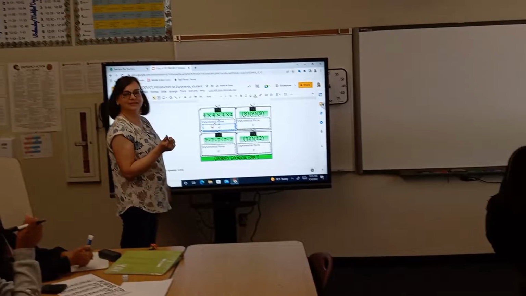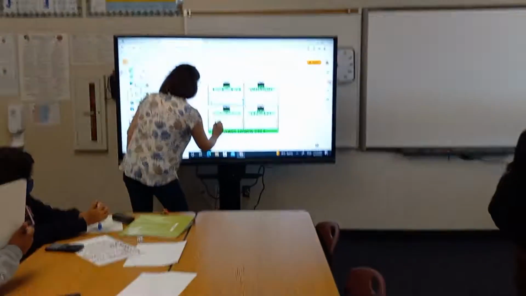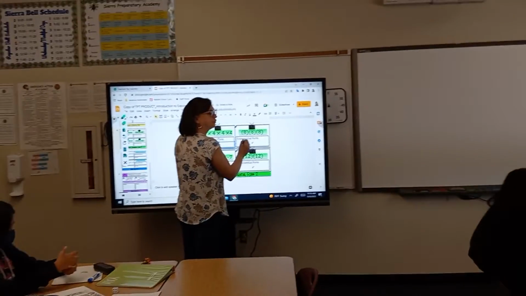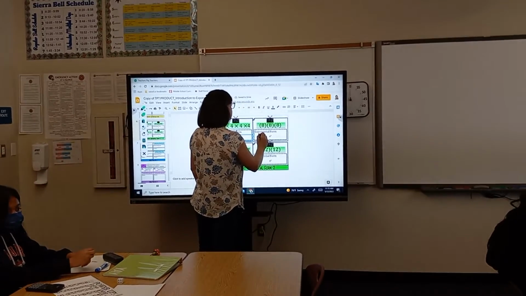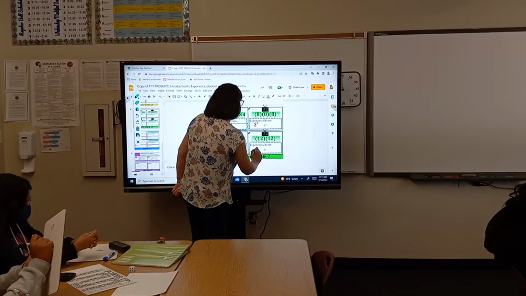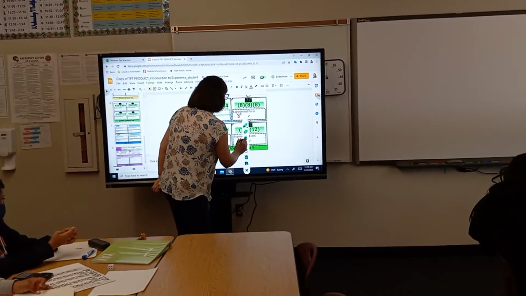Like this? Yes, it's 7 to the 5th power, or 7 to the power of 5. I'll just do these other two for the sake of time. 8 times 8 times 8 can be written as 8 cubed, which is the 3. And 12 times 12 can be written as 12 squared, or to the power of 2.